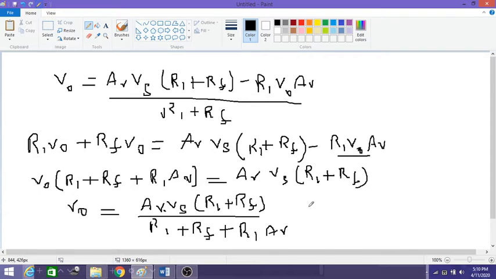So ideally we know that the open loop voltage gain is very high, and if it is multiplied with R1, definitely it is very much greater than R1 plus RF. So then Av into R1 is very much greater than R1 plus RF. So finally, this equation, let me write here, there is no place.